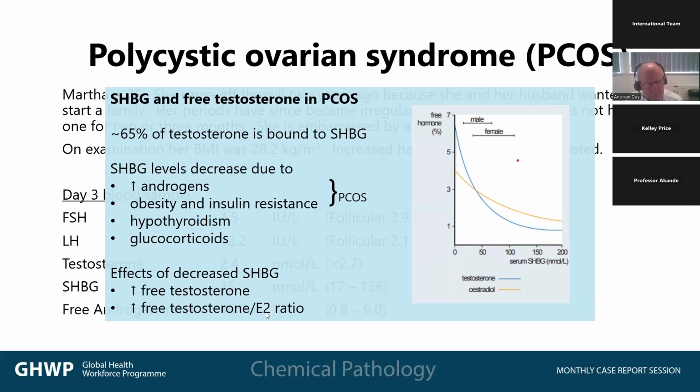You'll perhaps know that in men, we tend to estimate bioavailable or free testosterone through a calculation involving the Vermeulen equation and SHBG and albumin. But in females, the preferred estimate of free testosterone levels is the free androgen index, I think primarily for the reasons that I've just illustrated here.